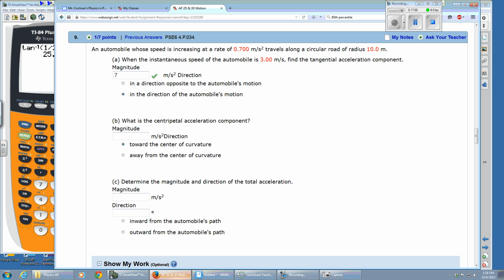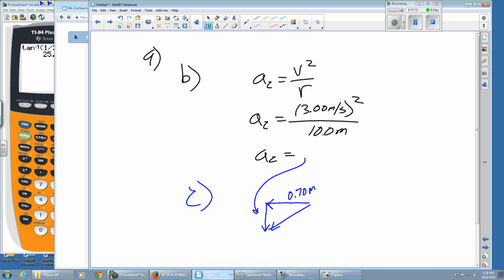Direction: I'm going to assume the car is heading in that direction, so let's take it as that. And this would be my A. So it would be Pythagoras there. Right? And I should try that and see if it's there.